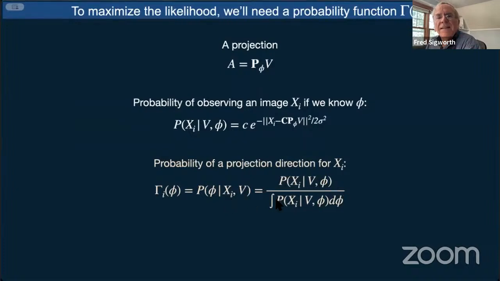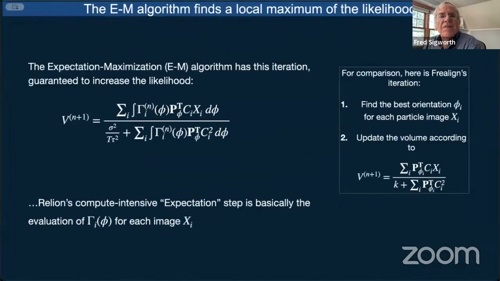And this thing is just a normalization of something that we already know. We already know how to compute this. It's this Gaussian distribution. So gamma sub I is the thing that Nico Grigorieff would maximize in FREALIGN, and he would just pick the best value. We're going to keep all values of this probability of the projection direction.